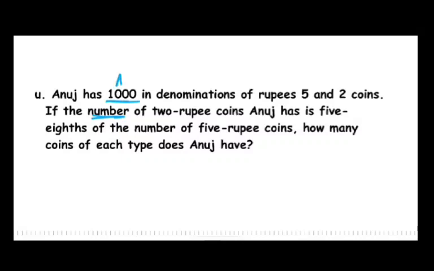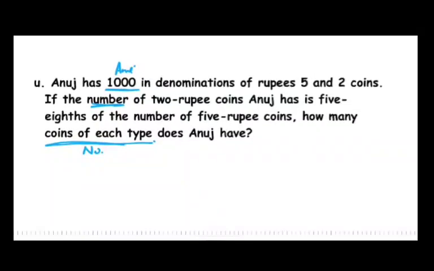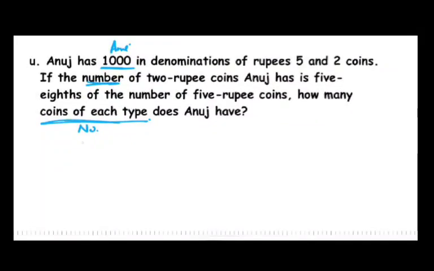Children, this is the amount, and here it wants the number of coins and not the amount. Understand? So let the number of 5 rupee coins be x. But I'm going to simultaneously look at the amount also, because finally we may have to convert this into amount for verification.